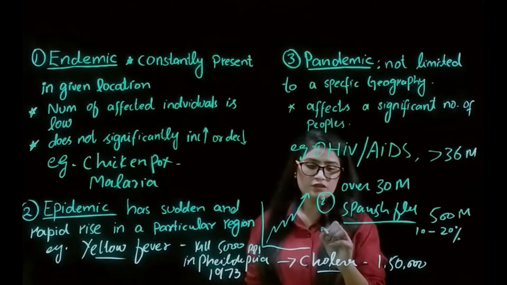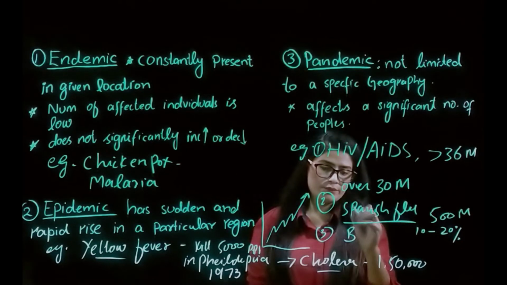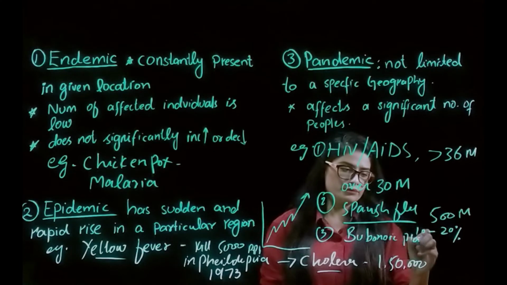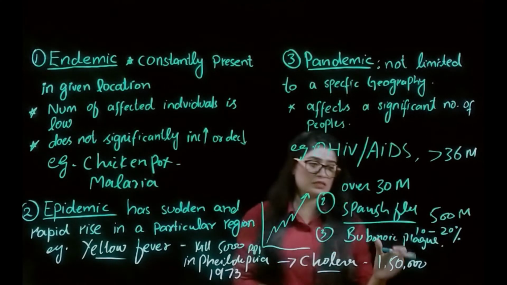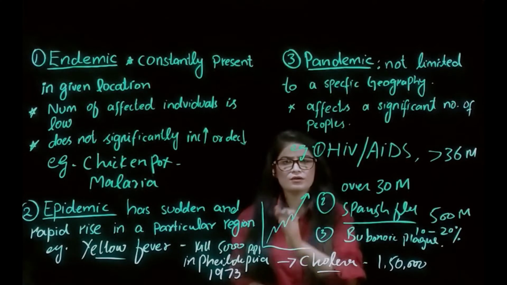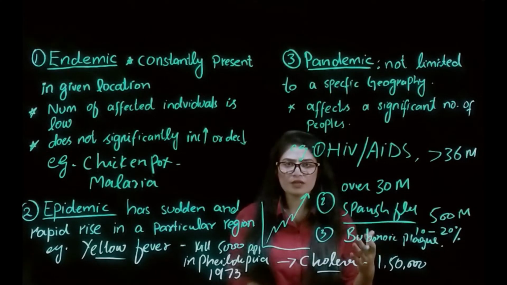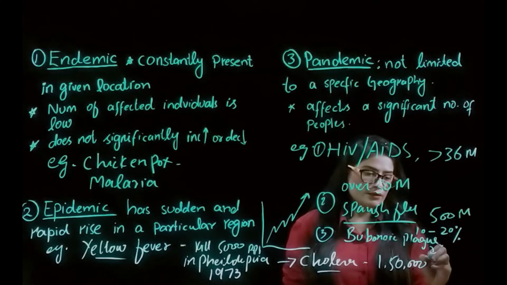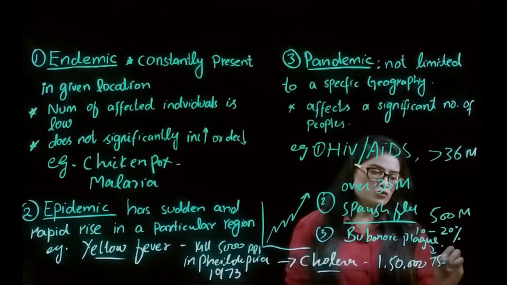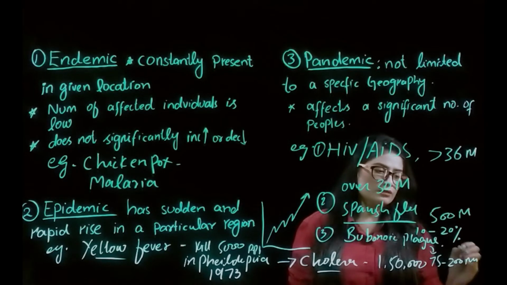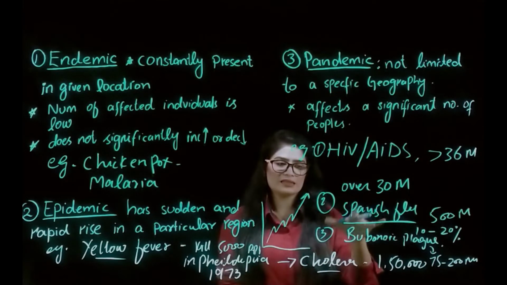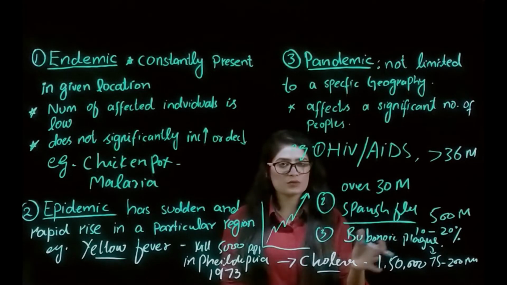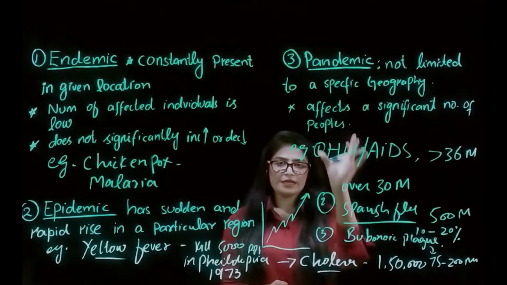And the third one we have is bubonic plague. It spread across Europe, Asia and Africa, and an estimated 75 to 200 million people were killed by it. So these are some severe diseases, and they are included in pandemics.